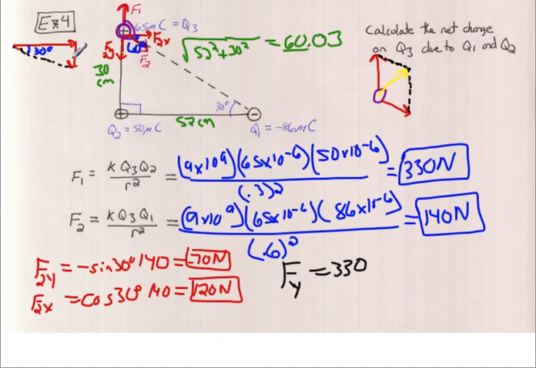And then we had part of this other one coming down because that negative charge is trying to pull it straight down a little bit. So that's negative 70. So what do we get there? 260? 270? What am I thinking? Yeah, 260. Gosh.